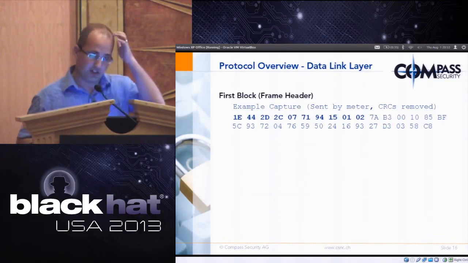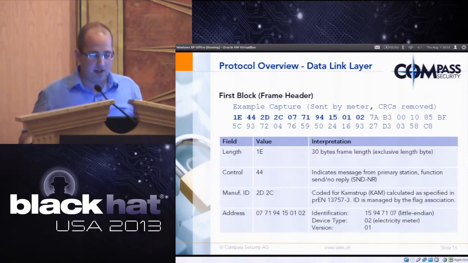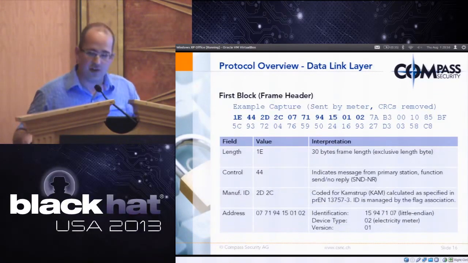If we have a look at such a frame block, then you will see the first byte is basically defining the length. We have a control byte. It indicates, hey, this is just a message, fire and forget, so send, no response. It identifies the manufacturer, and it contains the device address.